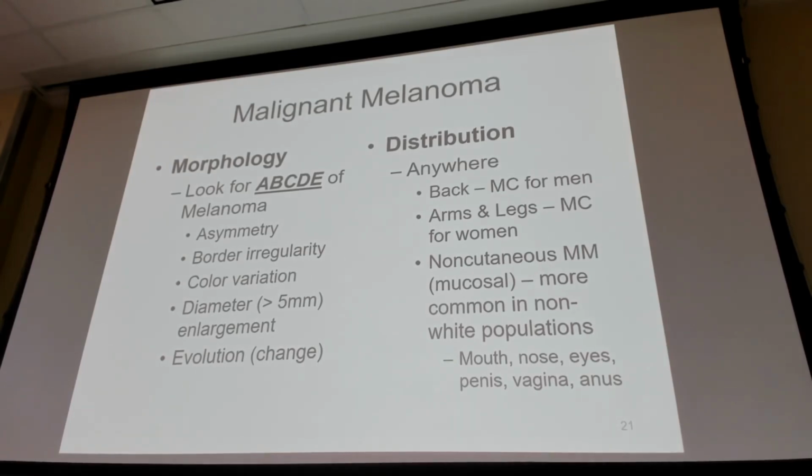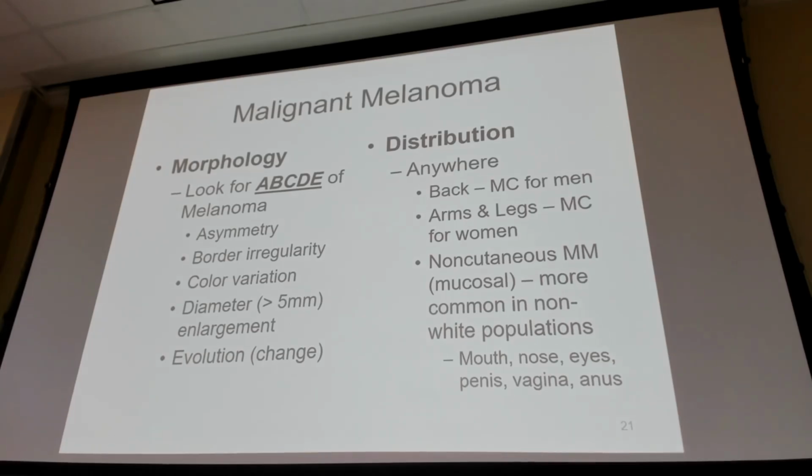What is it expanding? Anywhere, we can have these things anywhere. Not only is it on those sun-exposed sites, but we can see these things on the extremities, so the sun-blocked ones. You can see how we are listing on here, how there can be a malignant melanoma that is non-cutaneous, so mucosal.